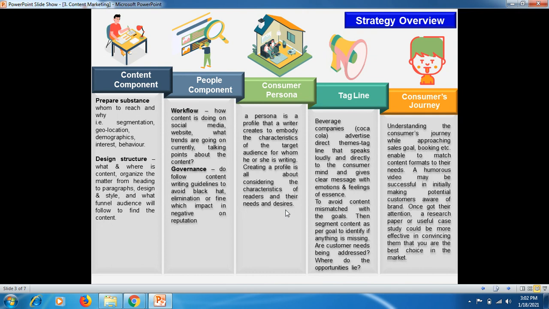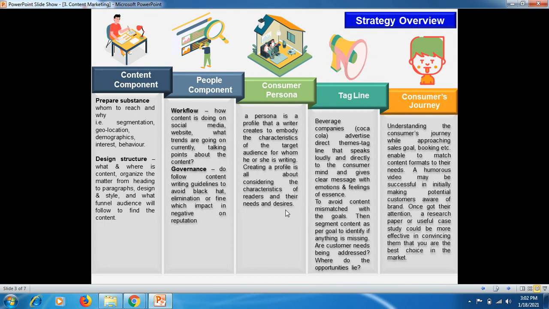So you have to understand whom you are reaching, who your customer is, who your audience is, and accordingly design the structure of the matter you are writing as content.